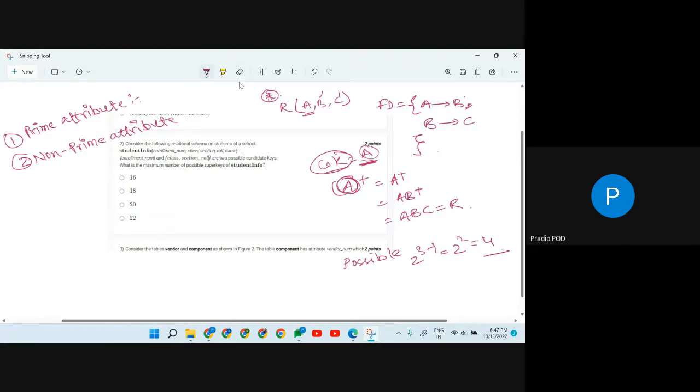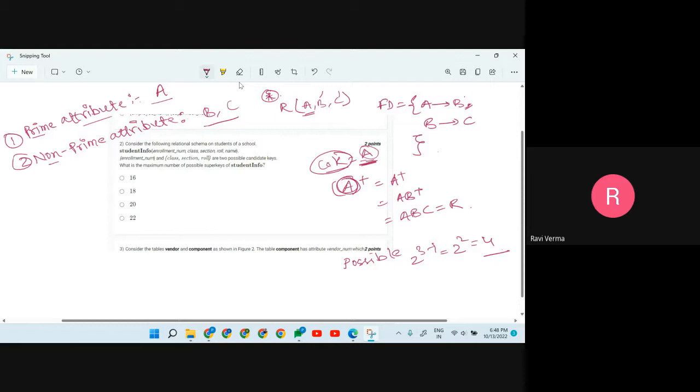A non-prime attribute is an attribute that is not present in the candidate key. In this example, which attribute is prime and which are non-prime? A is the prime attribute, and B and C are your non-prime attributes, right?